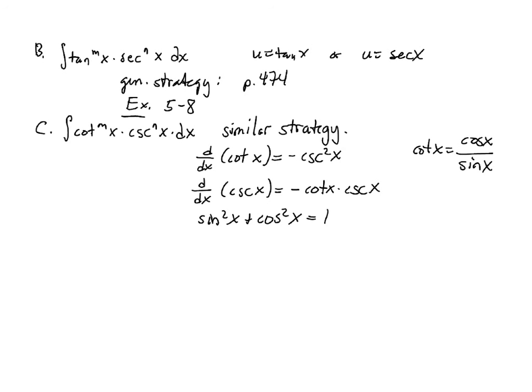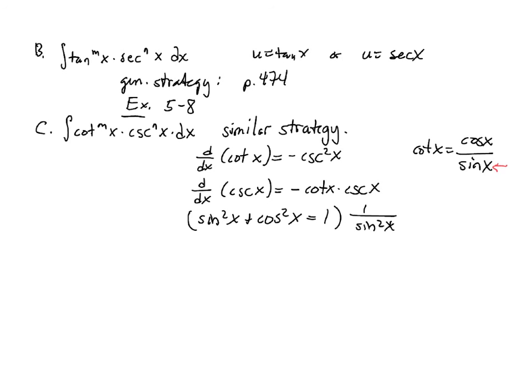So what I need to do in order to get the identity that I want is to multiply the left and right hand side here by 1 over sine squared x. So I use the denominator that I have in this expression here.